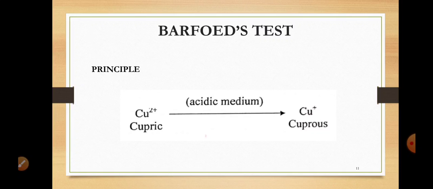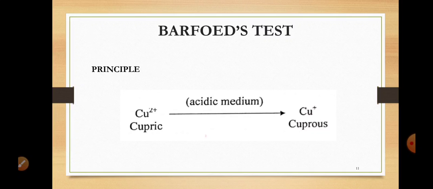Based on the observation of the color produced, we can know whether a monosaccharide or a disaccharide is present in the given sample. In detail, the aldoses and ketoses can reduce cupric ions even in acidic conditions also.